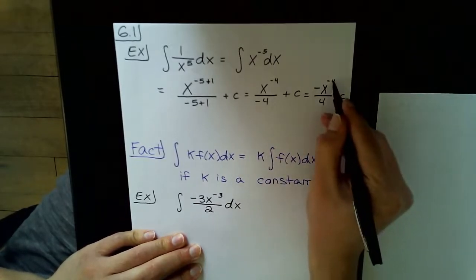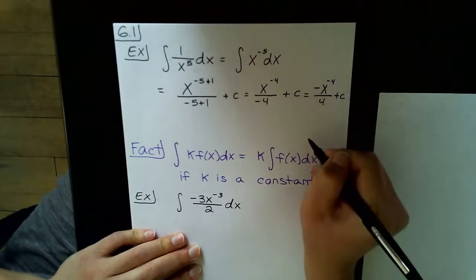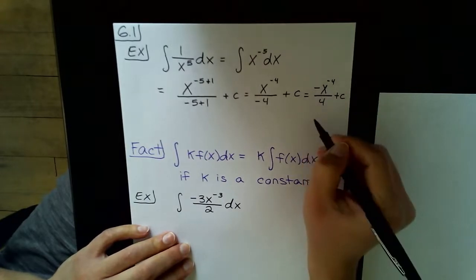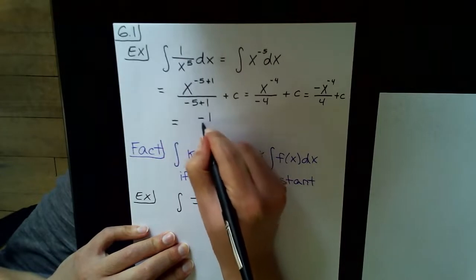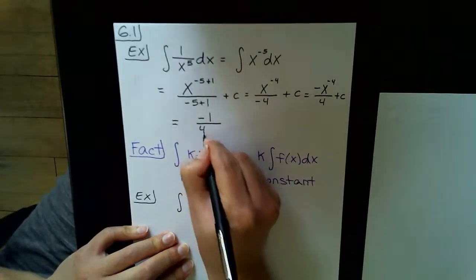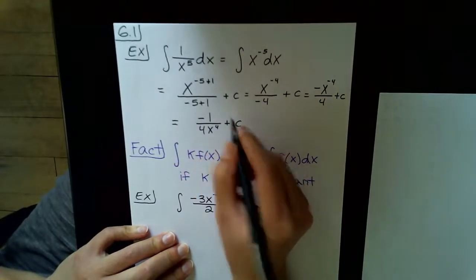And finally, we need to get rid of the negative exponent by bringing that x down to the denominator, but the negative will stay in the numerator, which will finally give us negative 1 over 4x to the 4th plus c.